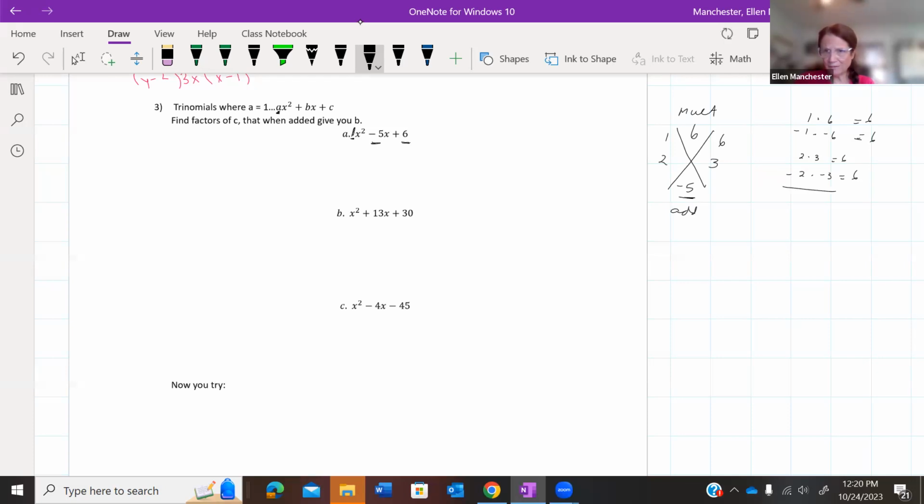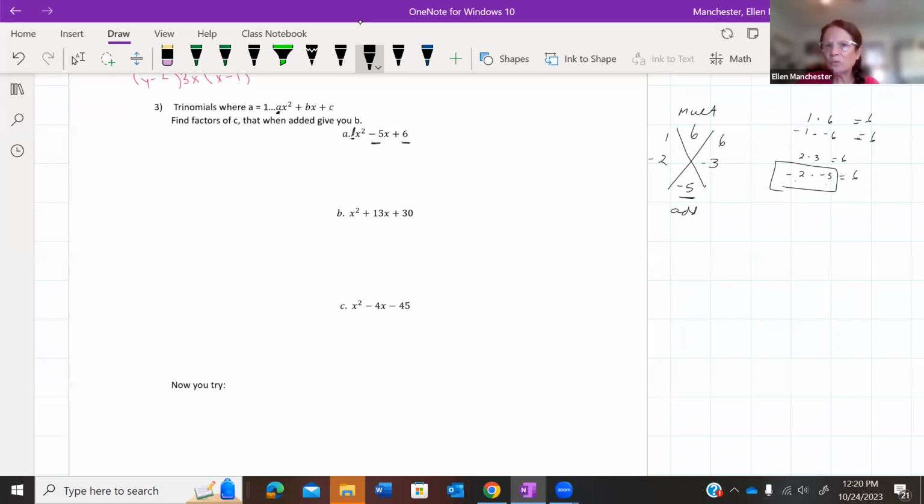Well, I can see that they have to be a -2 and a -3. So my factors have to be both negative. The two factors have to answer two questions: can I multiply these to get positive 6, and can I add them to get -5? So the signs are going to be where it's going to trip you up. Finding the factors is easy, but when I add them, do I get that -5?